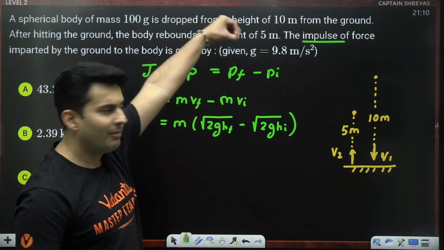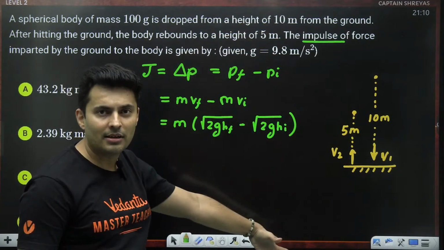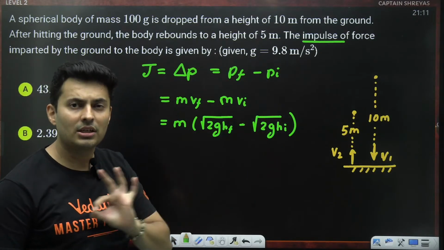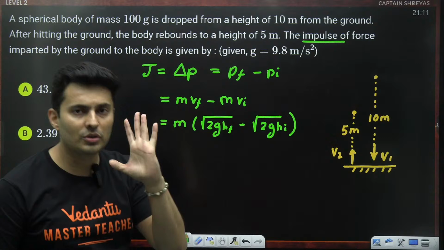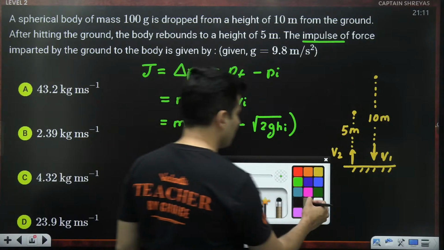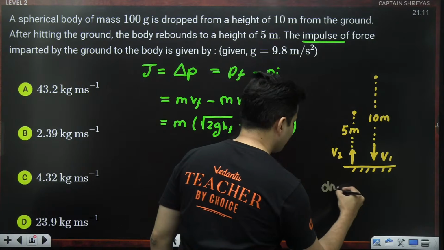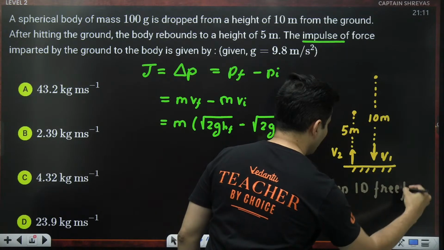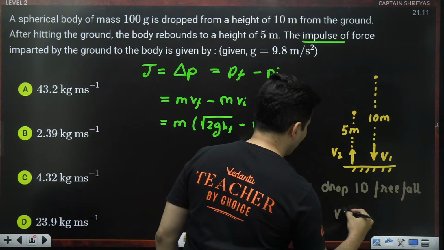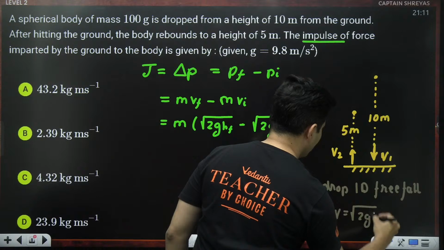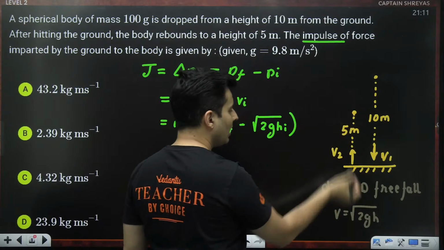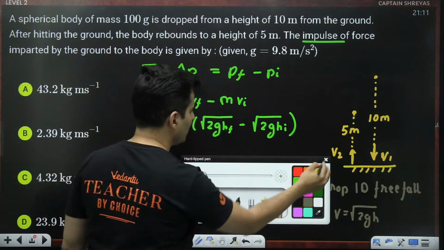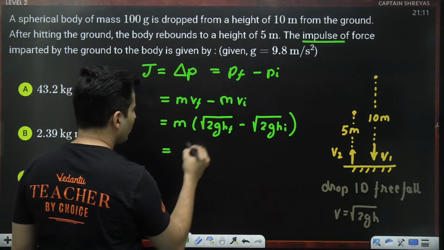When you drop something, in vertical free fall motion, by the time it falls down, the speed is root 2gh. Standard formula which you should remember. So keep this in mind. When you drop in one-dimensional free fall motion, the velocity at the bottom is given by root 2gh. Same works when you throw from below and it has to go up till a height h. It's the exact same formula. It won't change. So root 2g is common.